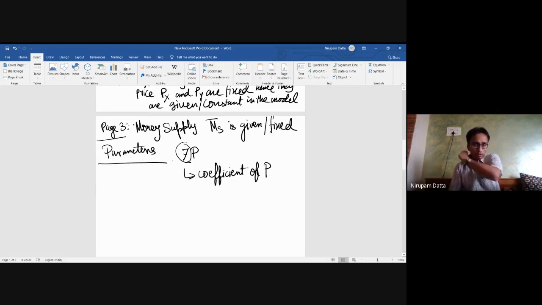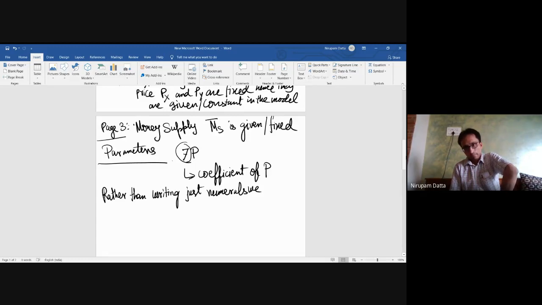So in 7P, 7 is a constant, P is a variable, so 7 is nothing but the coefficient of P. But rather than writing just numerals, we can represent coefficients by symbols such as small a.